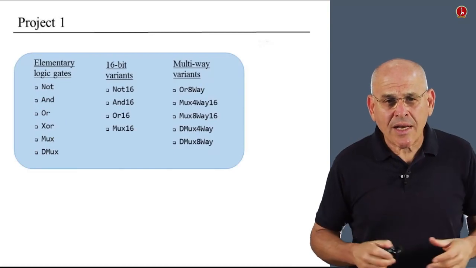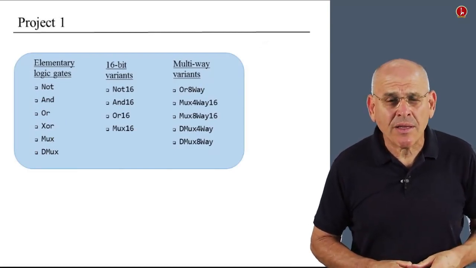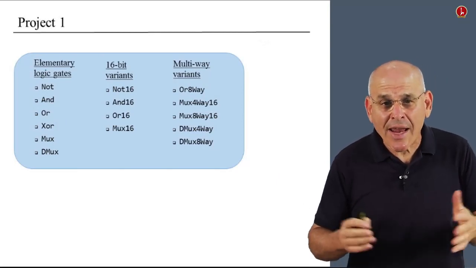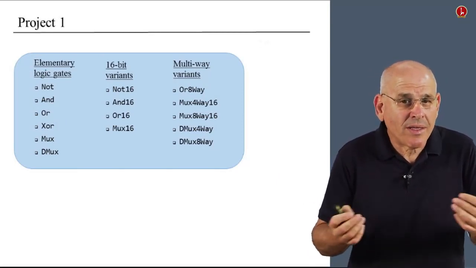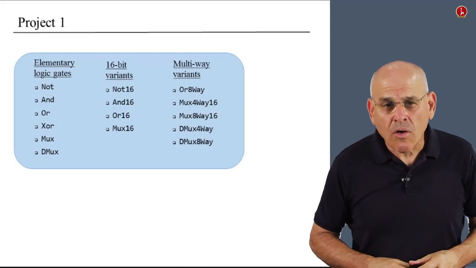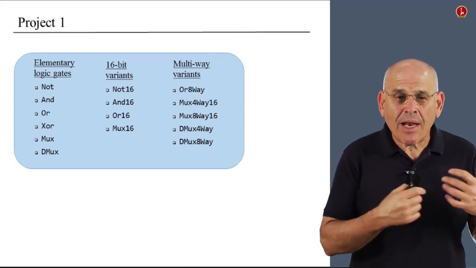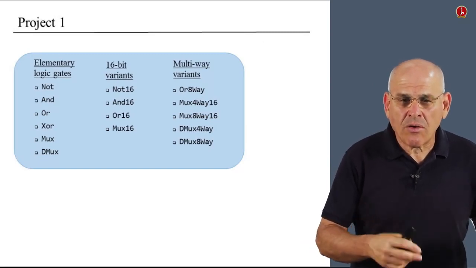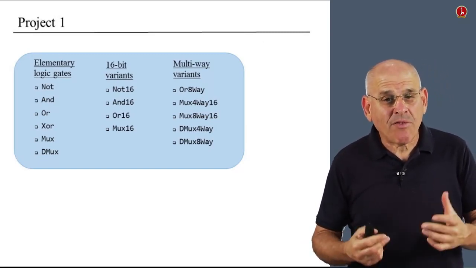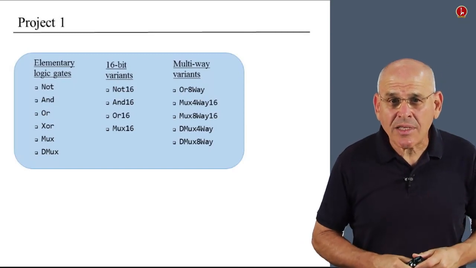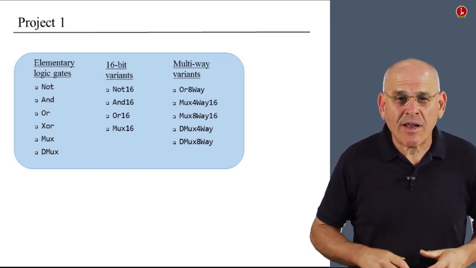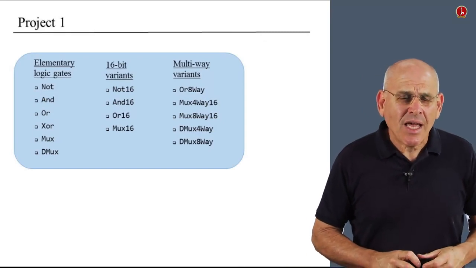So once again, here are the chips that we have to build, and I have separated them into three categories, just so that we can discuss it in a more organized fashion. So we have some elementary logic gates, widely familiar: NOT, AND, OR, and so on. We have 16-bit variants of some of the logic gates, and we have some multi-way and also multi-way 16-bit variants of the previous gates.